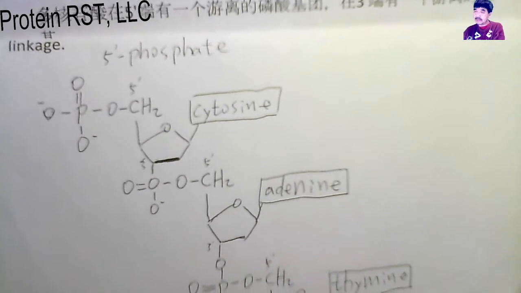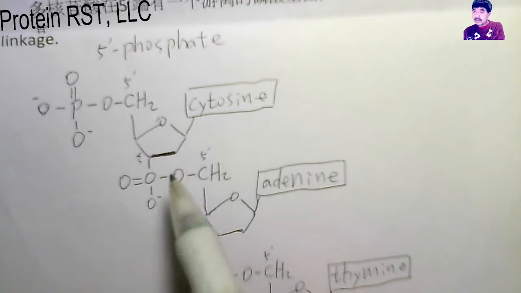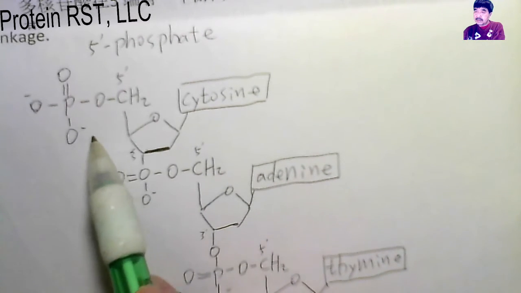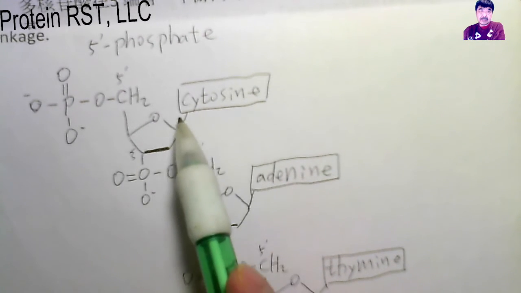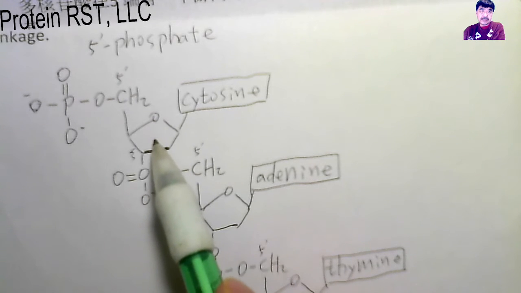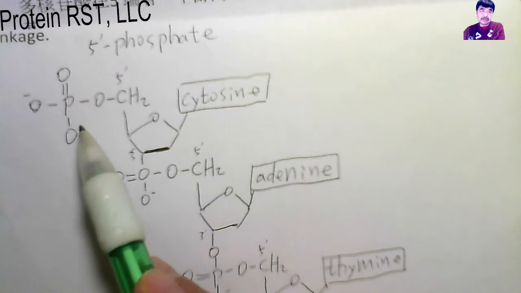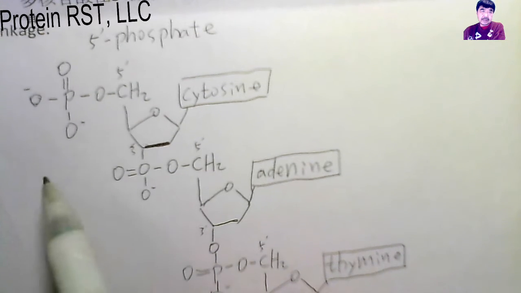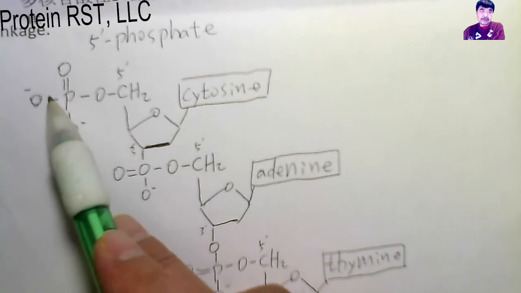Take a look at how this nucleic acid is formed. The first nucleotide is a cytidine. Cytidine has a cytosine base and a phosphate. This is the sugar, D-ribose, and this is a 5' phosphate.